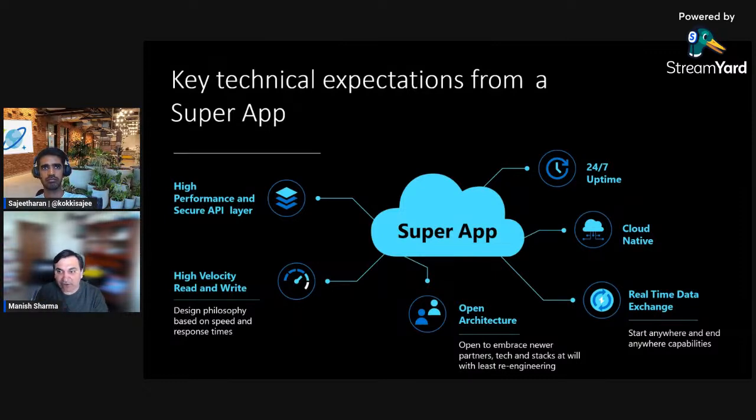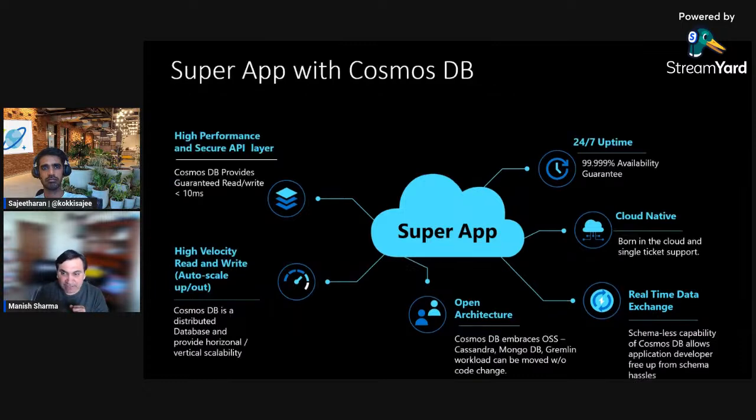It has an open architecture, 24/7 uptime, and a cloud native capability, such that if you are running a campaign and a lot of people are coming to your Super App, it will never fail you, so that it can scale out and give you all the clicks, because each click is a business for you. And if you are losing those clicks, then it will be a challenge from that perspective.